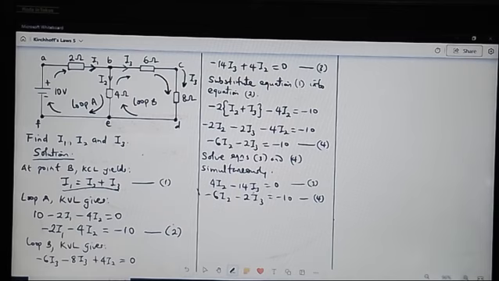So we can multiply equation 3 by 2 and multiply equation 4 by 14. This will now give us the same value.